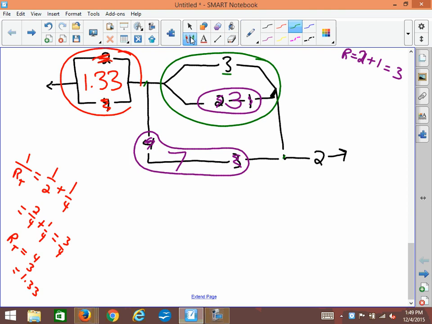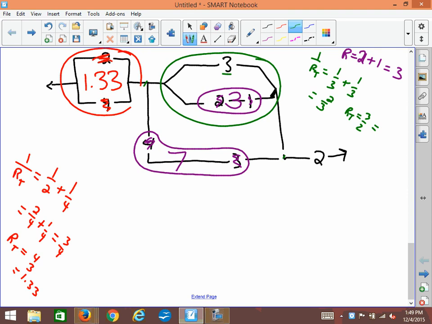Here we have 2 parallel pieces. So I can figure out this green section by doing the total. 1 over the total resistance is 1 over 3 plus 1 over 3, right? Well, that's equal to 2 thirds. And so that means that RT is 3 over 2, which is 3 halves.